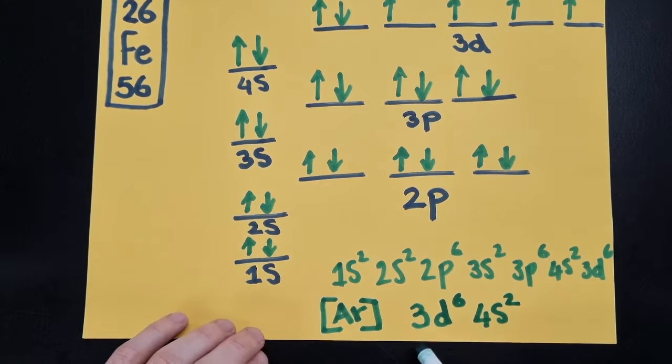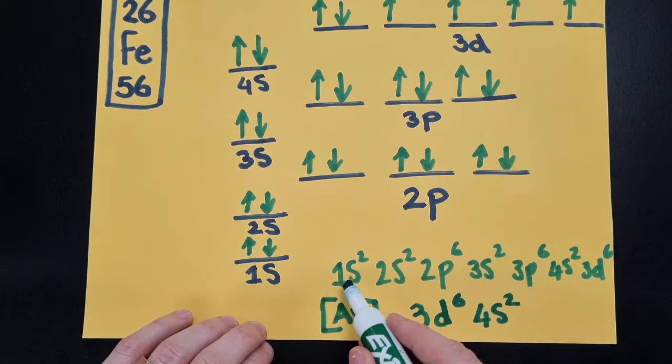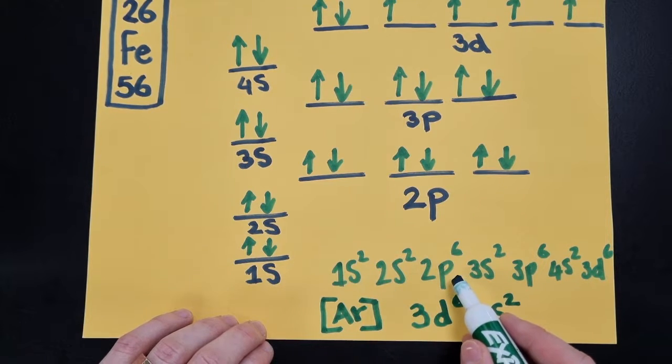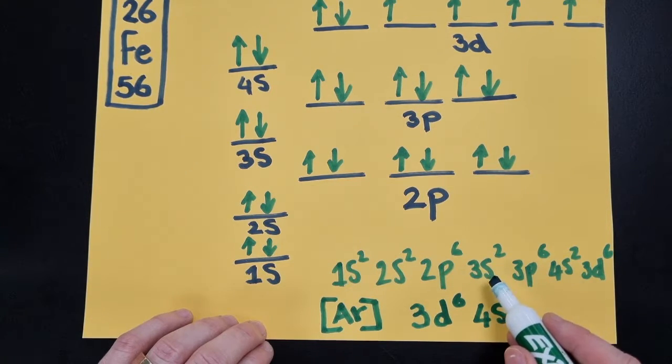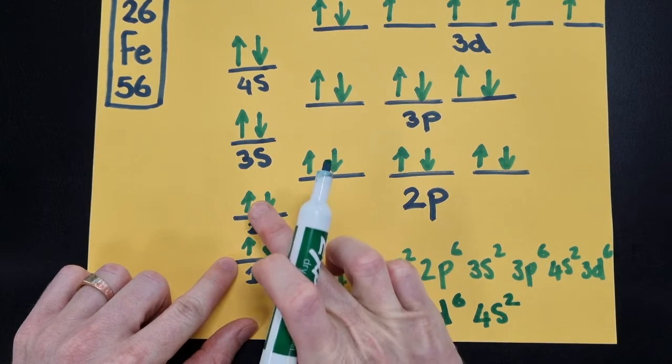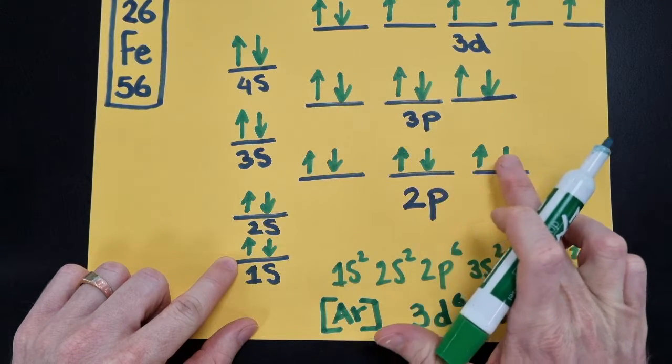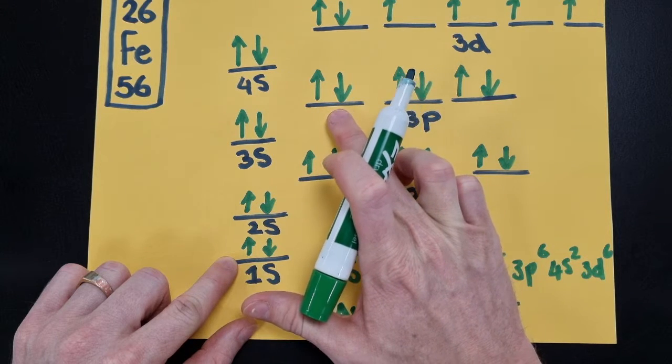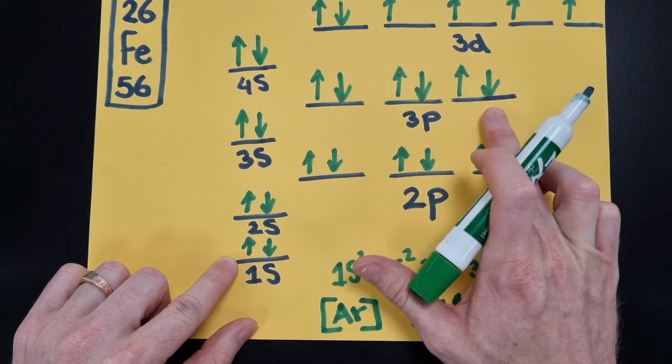Here you can see I've taken a bit of a shortcut. I've missed out all of my 1s, my 2s, and the starts of my 3s. Reasons for that, if we actually have a look, 2, 4, 6, 8, 10, 12, 14, 16, 18.